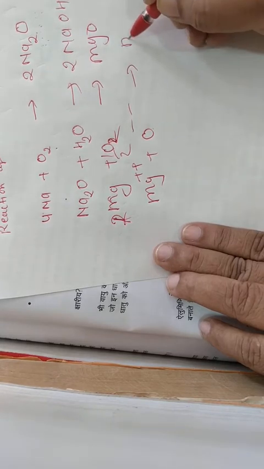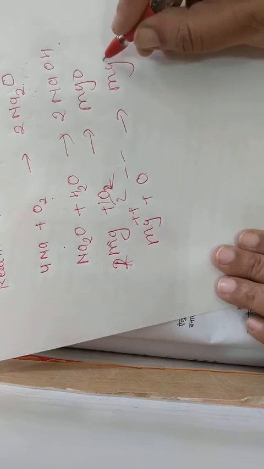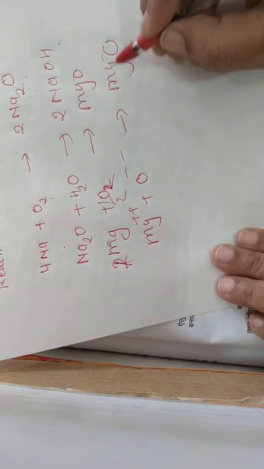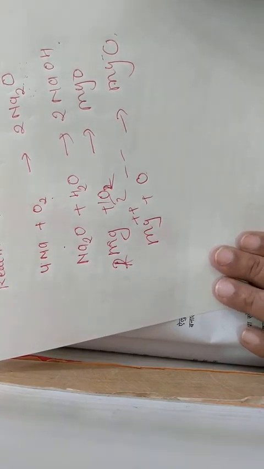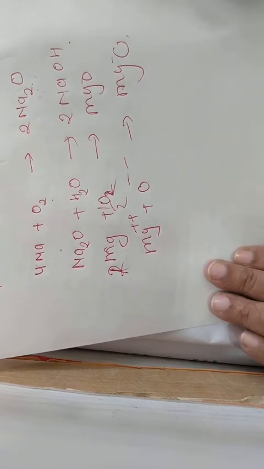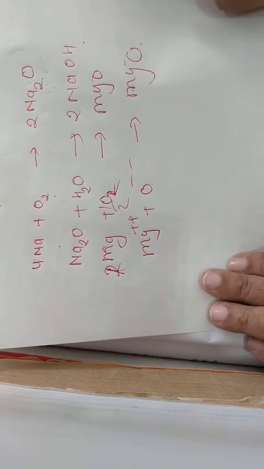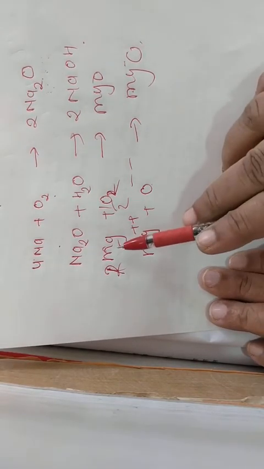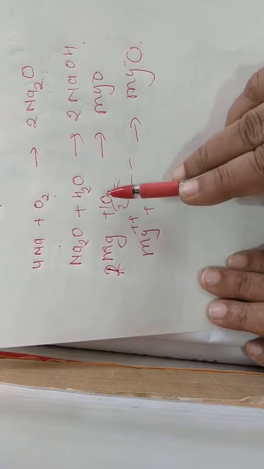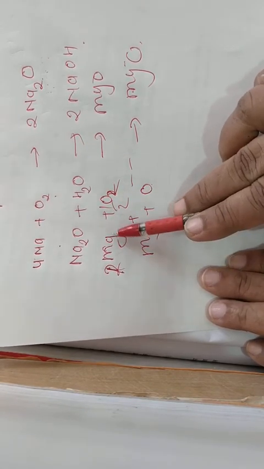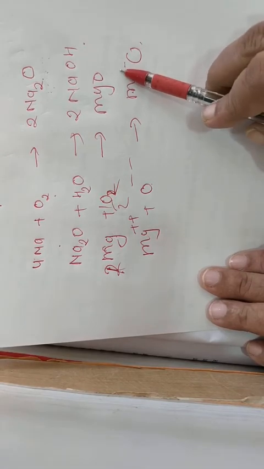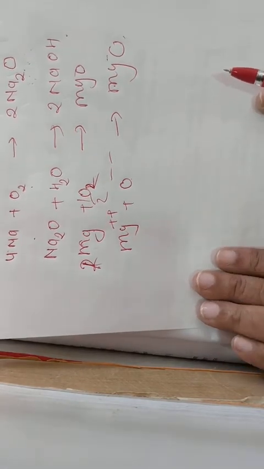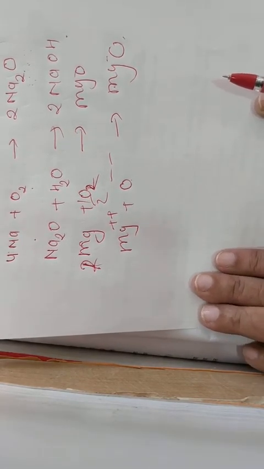That is why they form MgO, 2 plus and 2 minus. In every compound the positive and negative charges must be equal. So don't take 2 Mg; take 1 Mg and half O2. So di-positive and di-negative will form MgO. Clear?